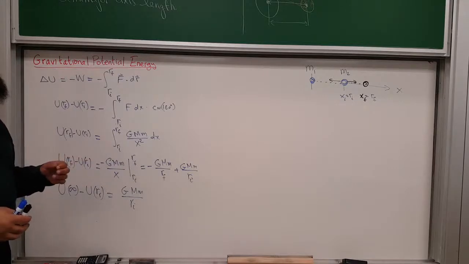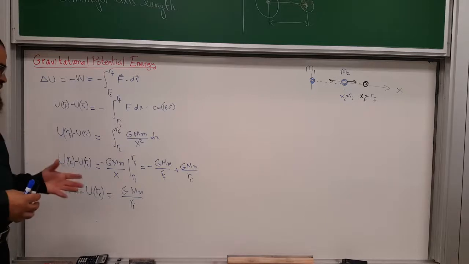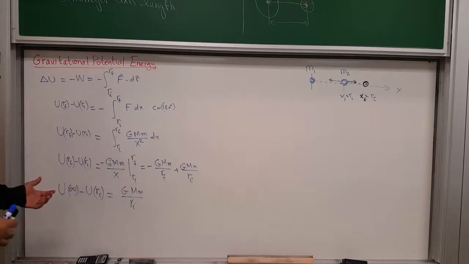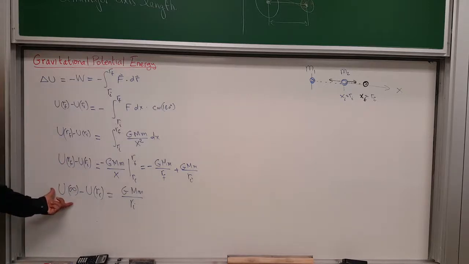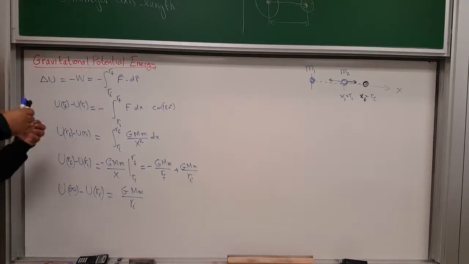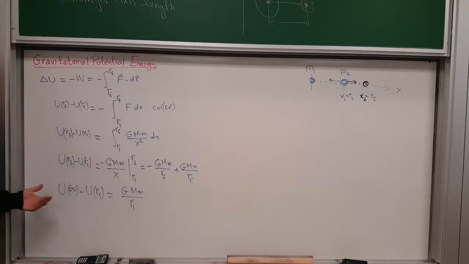So where should we choose the 0 to be? The best point is at infinity. When two objects are infinitely far away from each other, their potential energy associated with their location relative to each other will be 0.